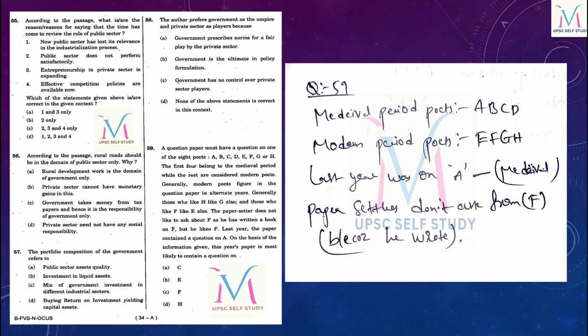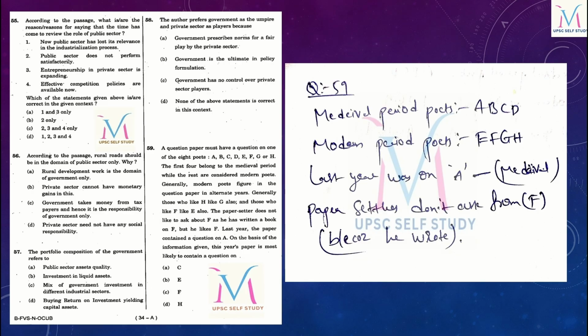So the role of the portfolio will be the mix of the government investment in different industrial sectors. The portfolios regarding the ministry, whatever it may be, act as bridges between the government and different industries. So for the 57th question, the answer C is correct.